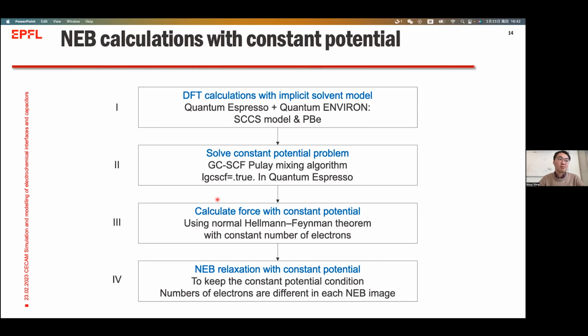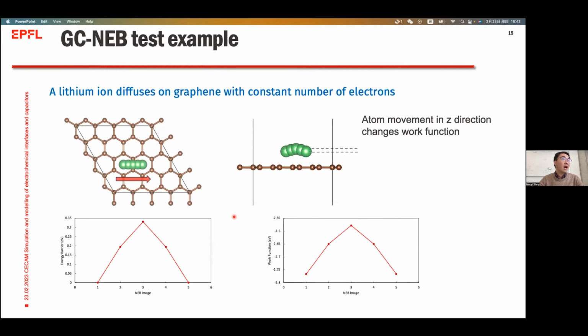And we can then use a constant potential Hellmann-Feynman theory to calculate the atomic force and then do the barrier calculation in NEB. And lastly, this is a simple toy example of a lithium ion moving on a graphene layer.